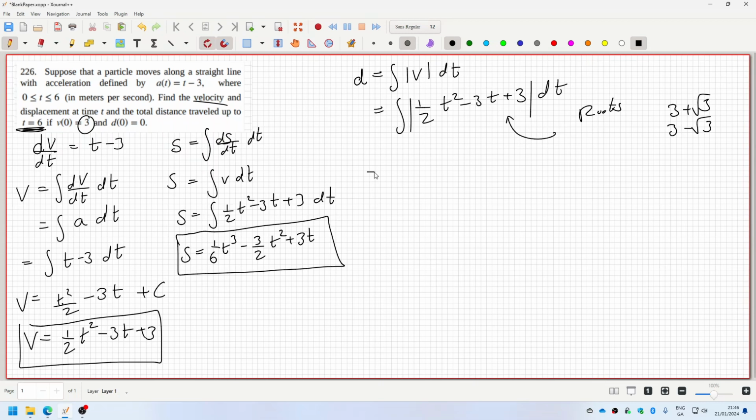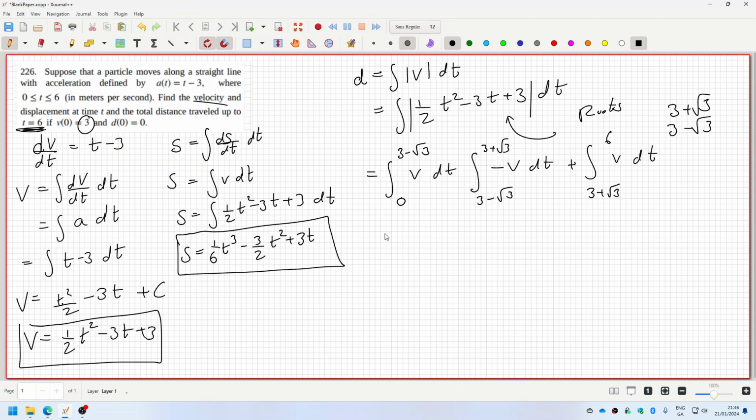So that would be the integral from 0 to 3 minus root 3. And it's positive, so I can just use v. And then it goes negative, 3 minus root 3 to 3 plus root 3. And then we have to flip the sign. And then it goes back to the positive region again, 3 plus root 3 to 6.